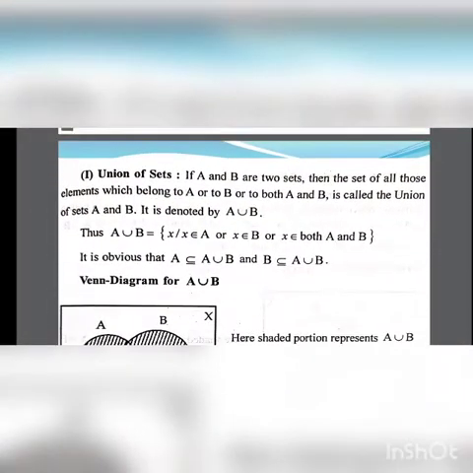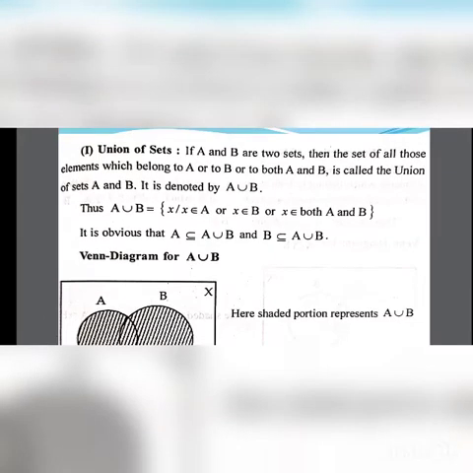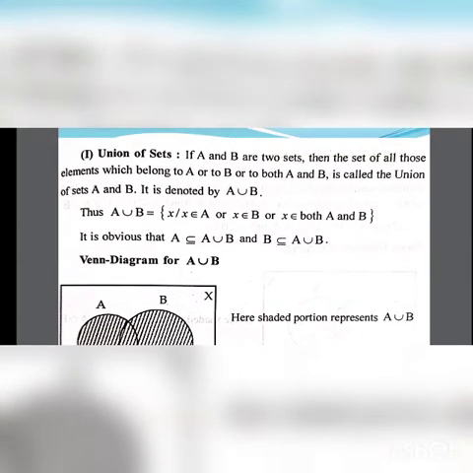See next, union of sets. If A and B are two sets, then the set of all those elements which belong to A or to B or to both A and B is called the union of sets A and B. So see here, it is denoted by A ∪ B. This is the symbol of union.